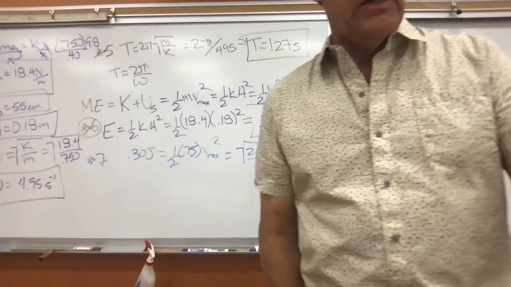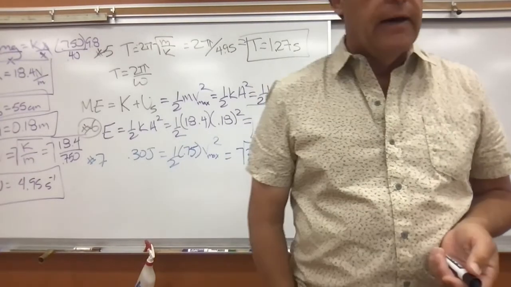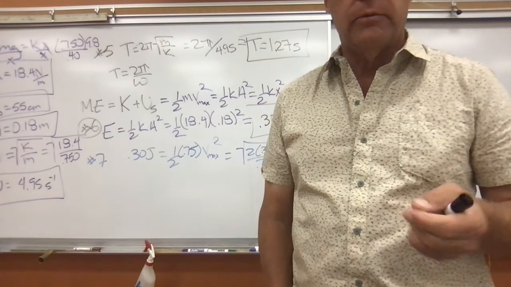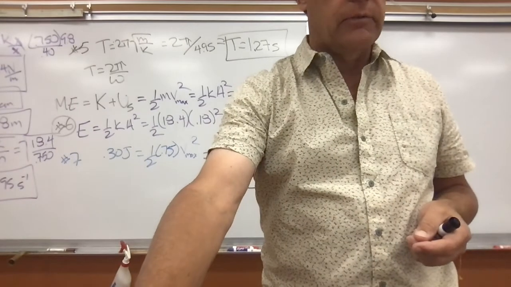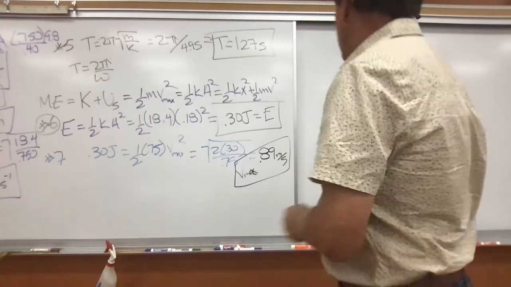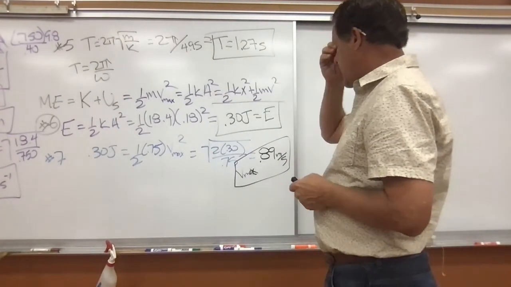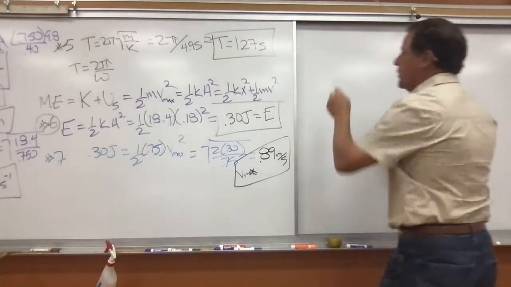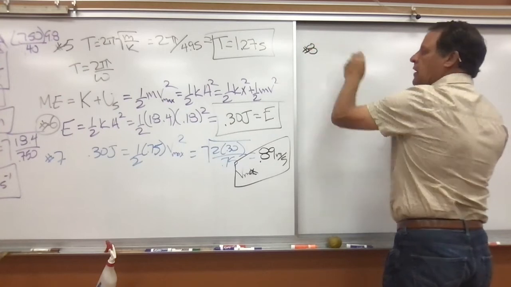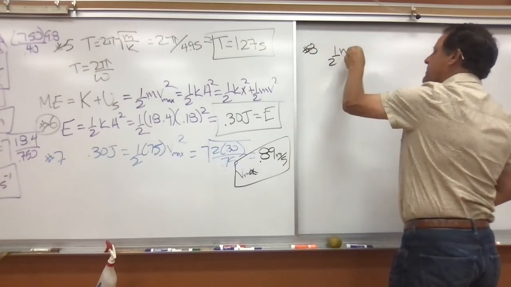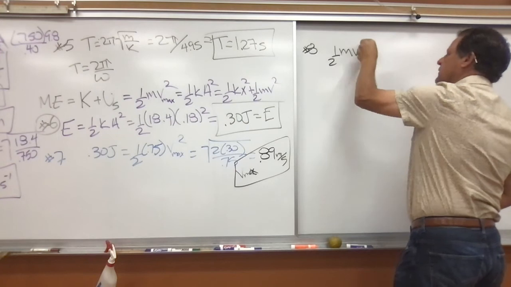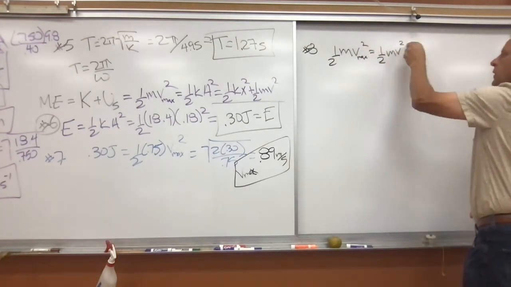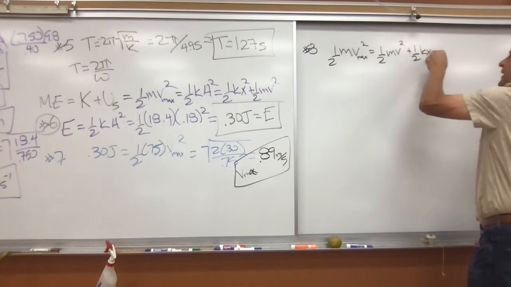All right, question number 8. What is the location when the mass is at half of its maximum velocity? So essentially what we're going to say here is that our total, and we're going to use this, 1/2 m v max squared is going to equal 1/2 mv squared plus 1/2 kx squared.